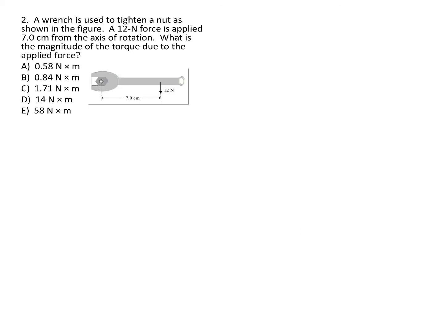Okay, I want to do a couple of examples for you to understand the equilibrium equations and how we apply these equations to solve a problem. In the previous slide, we learned if an object is in equilibrium, net force along the x direction is zero, net force along the y direction is zero, which means acceleration is also zero.